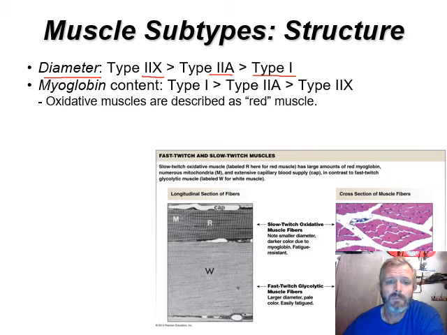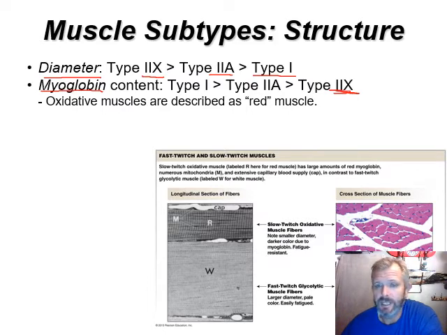Okay, what about myoglobin? Myoglobin is like hemoglobin. It is a store of oxygen basically in your muscles. If you remember our fast twitch, what do they do? They do glycolytic. So our 2X only do glycolysis. Do they need oxygen? They don't.